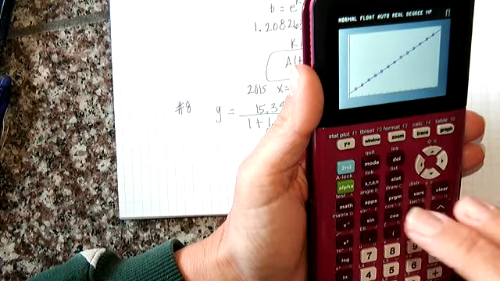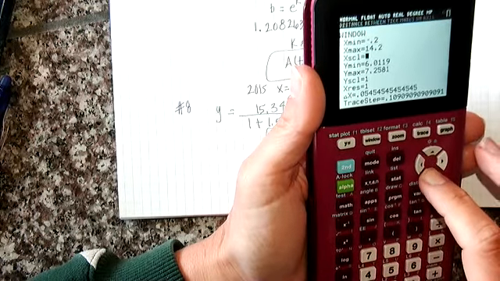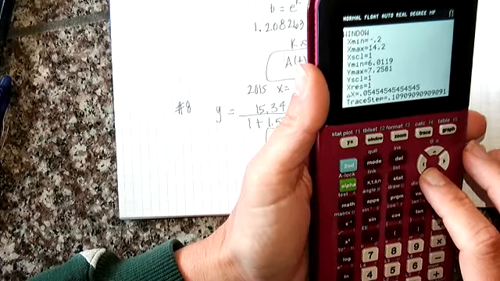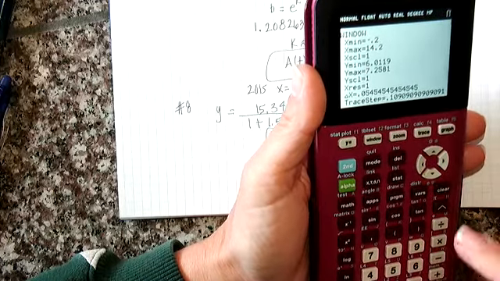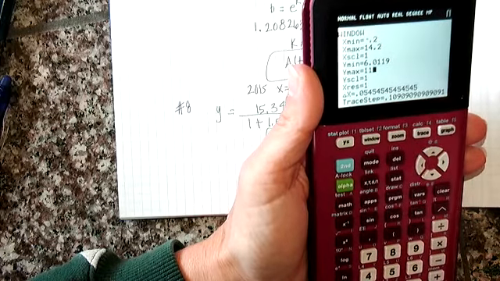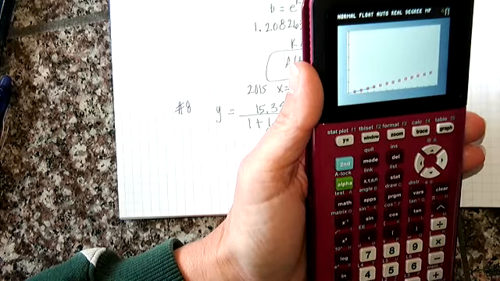So I'm going to look at my window. And if you notice, my y max only goes to 7.2581. But if I want to know what it's going to look like when y is 10, I'm going to change this to 11 just to give me some room. And it should show up.